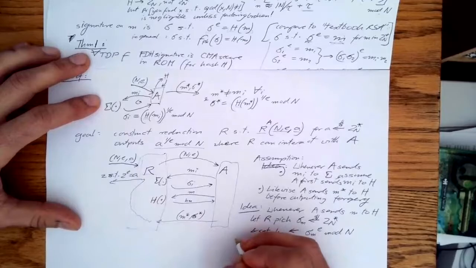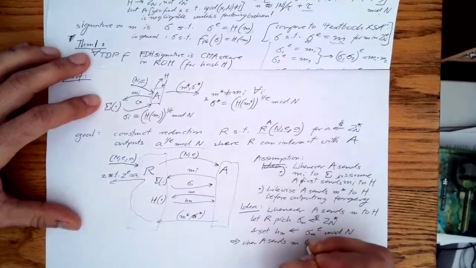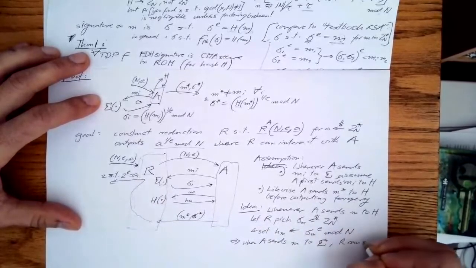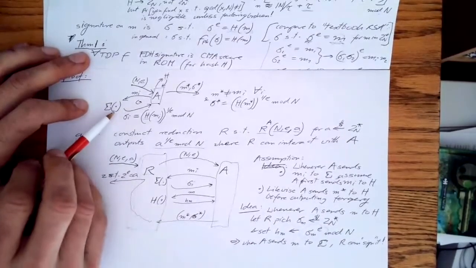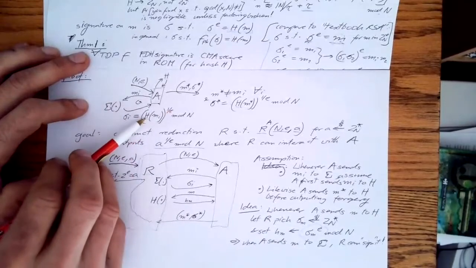Then clearly, this would mean that when A sends M to sigma, R can sign it, right? Because if H of M, which is the hash of M, is set to be this value, then clearly the reduction does have a value which is the eth root of the hash.